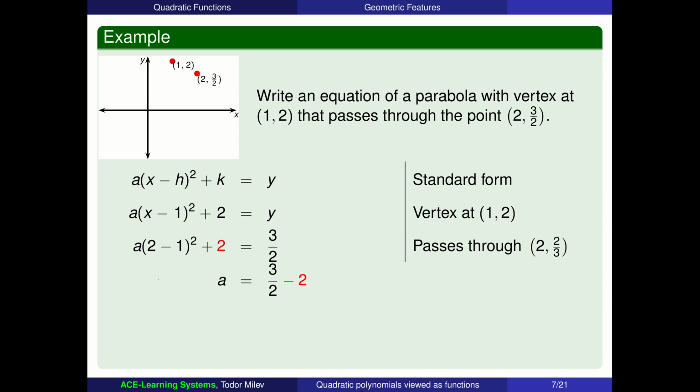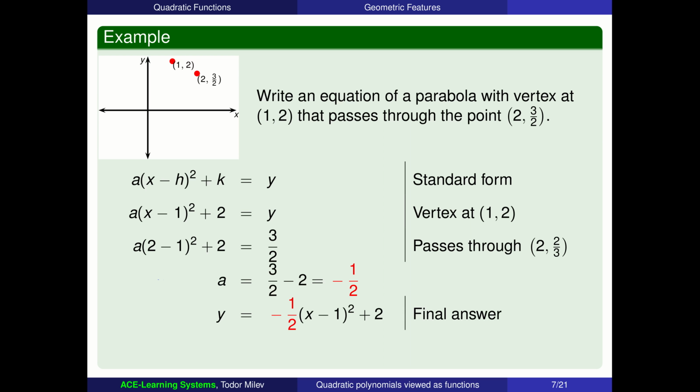And I can transfer 2 to the right hand side. Of course, it acquires a minus when transferred to the other side of the equality. And finally, 3/2 minus 2 equals negative 1/2. I have found my number a.